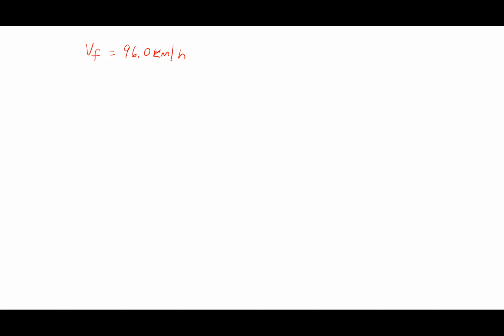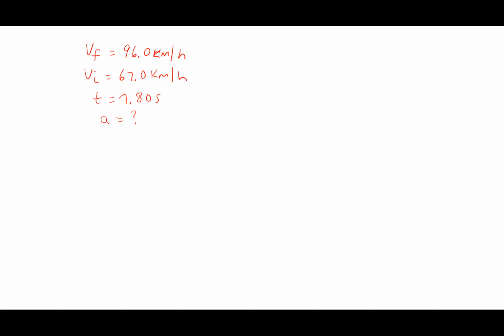We know our initial, it didn't say from rest, it gives us 67, so our V initial this time is going to equal 67 kilometers per hour. Our time it's going to take is 7.80 seconds, and this time we're looking for our acceleration.